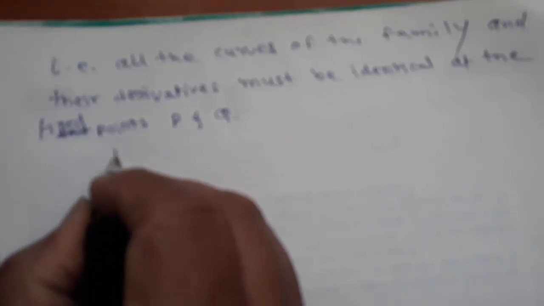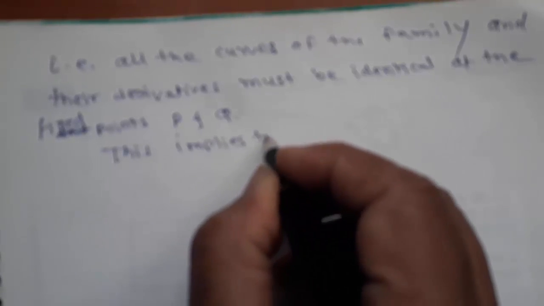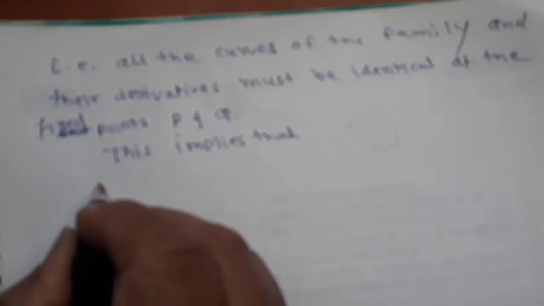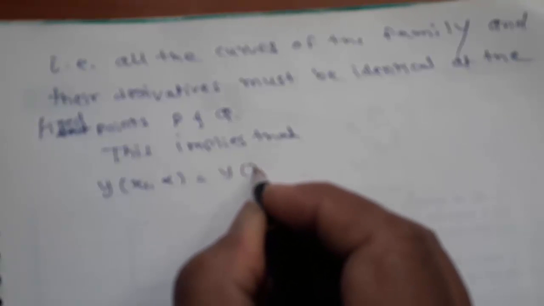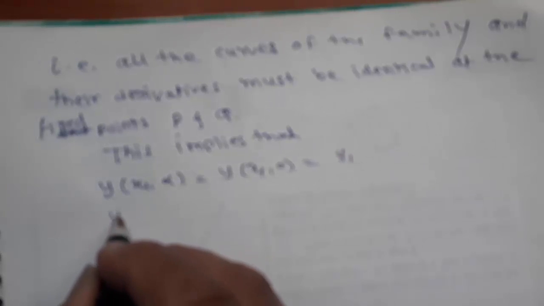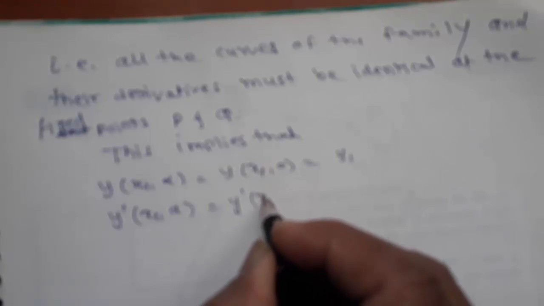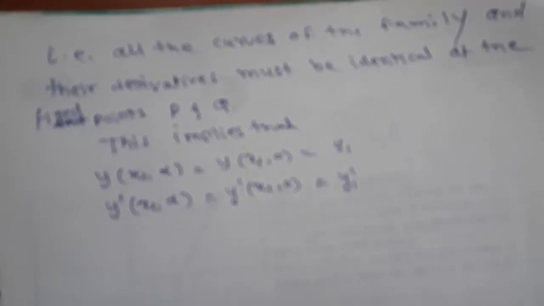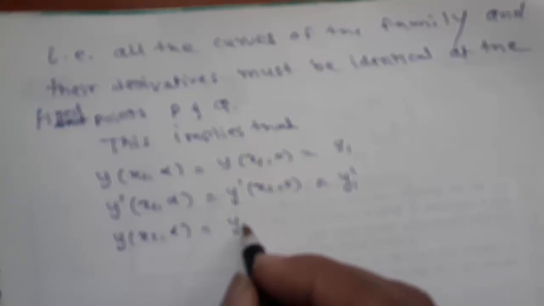This implies that y at x1, alpha equal to y at x1, 0 equal to y1. Y dash at x1, alpha equal to y dash at x1, 0 equal to y1 dash. Y at x2, alpha equal to y at x2, 0 equal to y2.